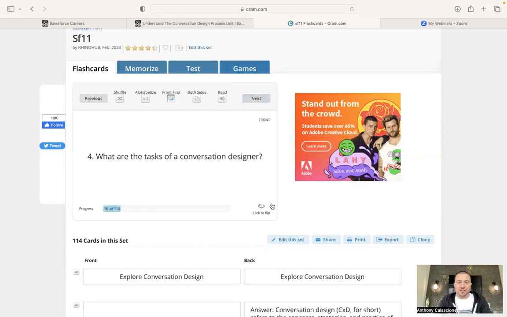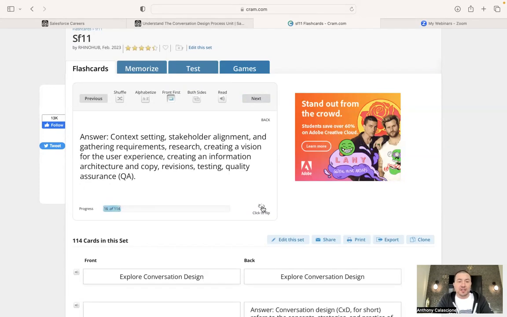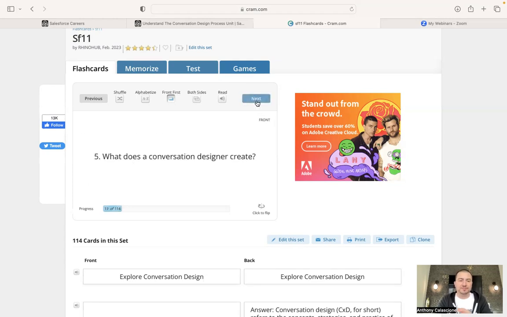What are the tasks of a conversation designer? Context setting, stakeholder alignment, and gathering requirements, research, creating a vision for the user experience, creating an information architecture and copy, revisions, testing, and quality assurance.